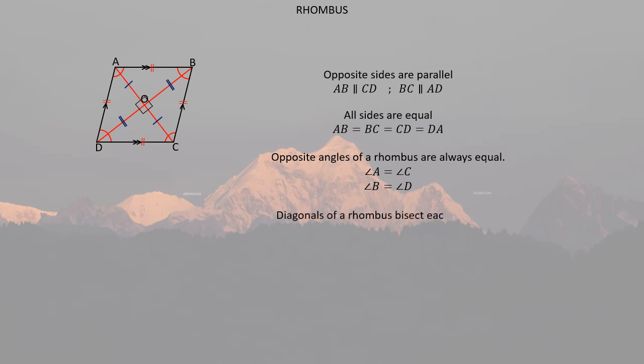So diagonals of a rhombus bisect each other at 90 degrees. So AO equals CO, BO equals DO, and the angles are 90 degrees each. So these are the properties of different types of parallelograms.